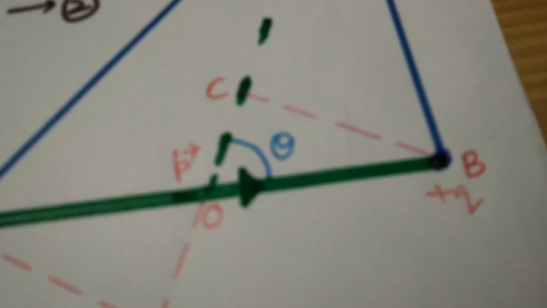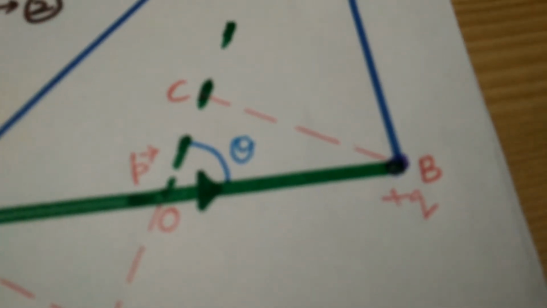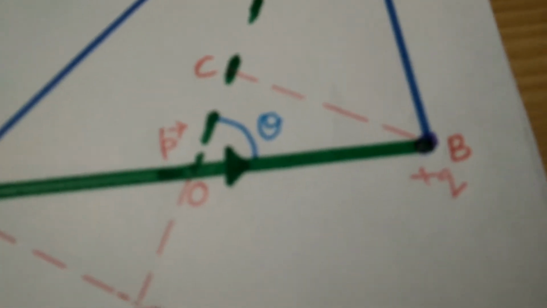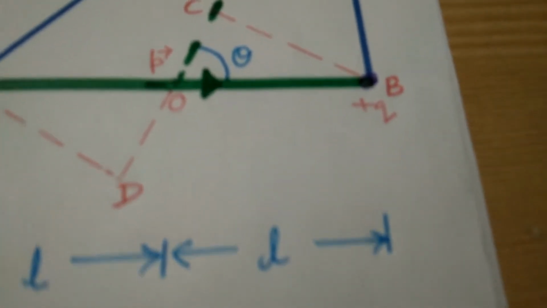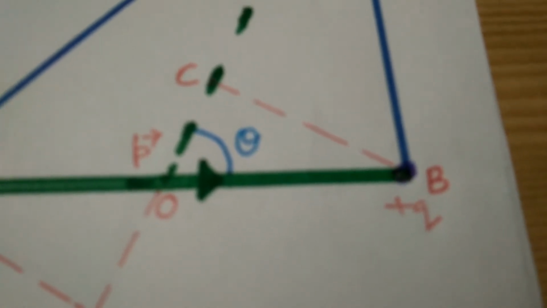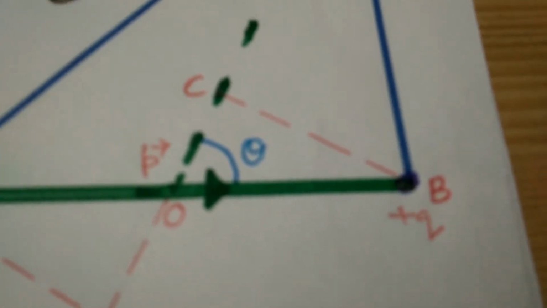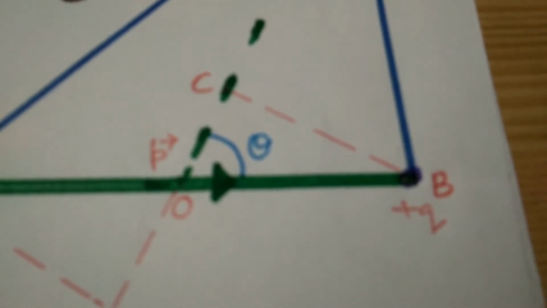So if we look at this triangle, what is OC? OC is nothing but L cos theta. Here the hypotenuse is L, and this is a right angle triangle, the triangle OBC. So if we want to find OC, then it is L cos theta.